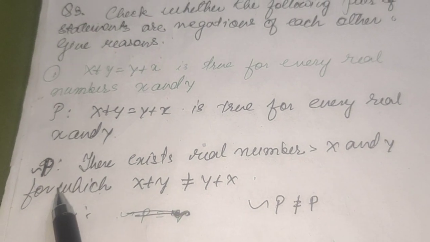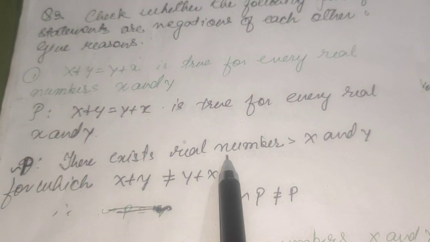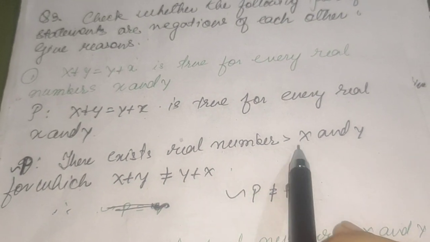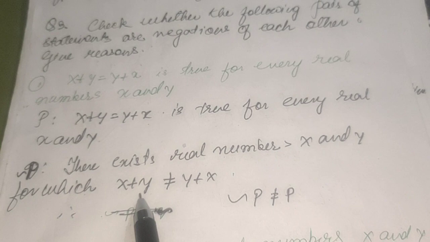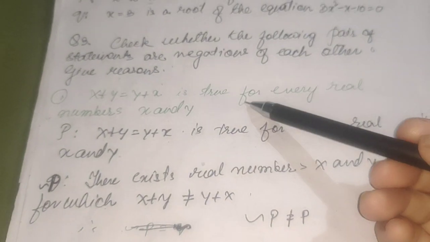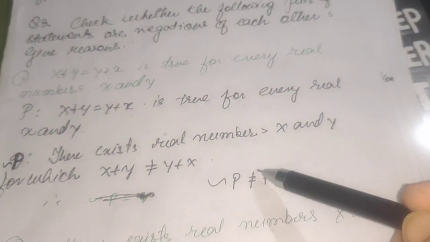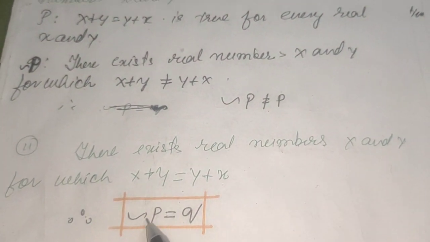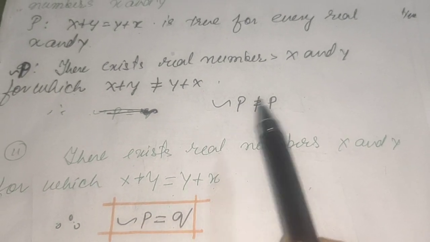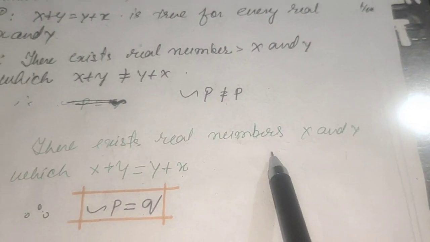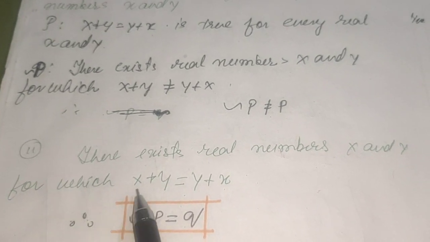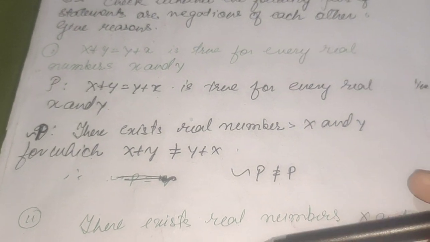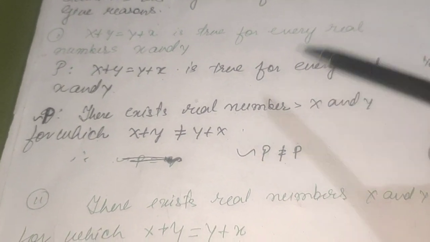Then what will be the negation of P? There exist real numbers x and y for which x plus y is not equal to y plus x. So obviously these two statements are not same. So negation of P is not equal to Q. But negation of P is negation of P. There exist real numbers x, y for which x plus y is equal to y plus x. So these two are actually not negations of each other.